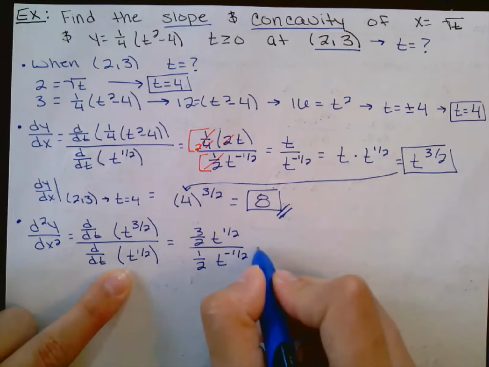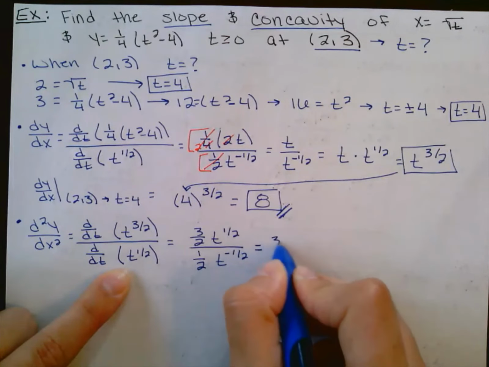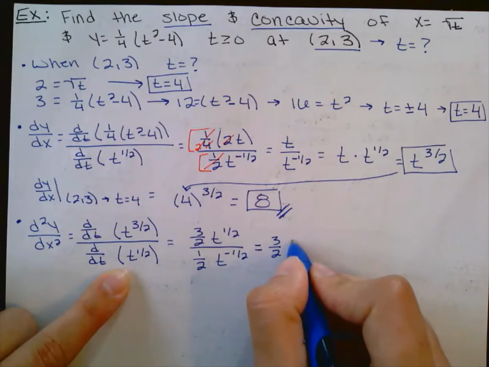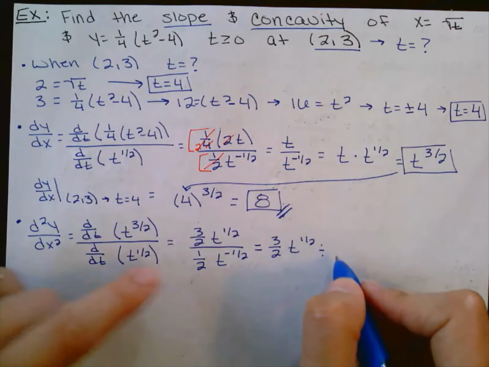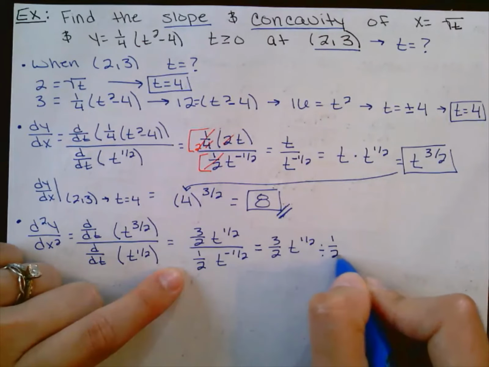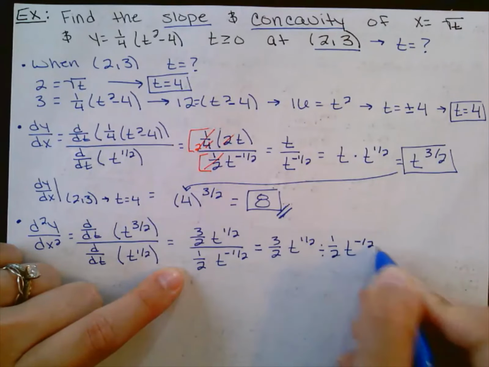Okay? So I'm going to go ahead and write this out for you horizontally. 3 over 2 t to the 1/2 divided by half t to the negative 1/2. Okay?